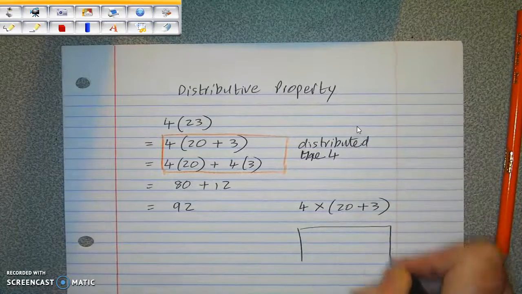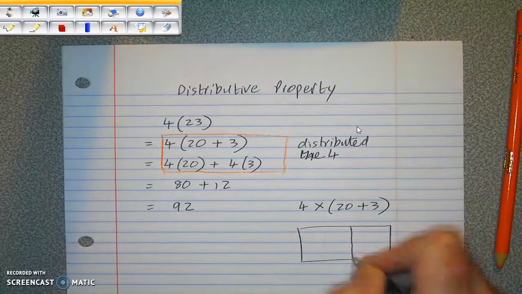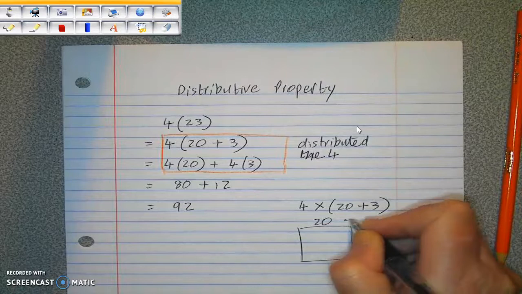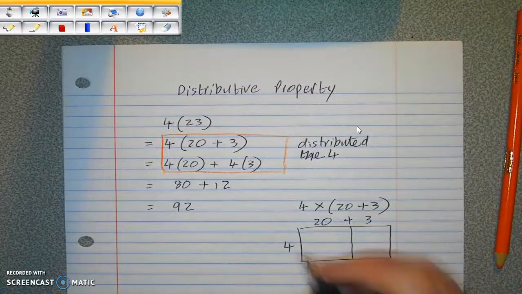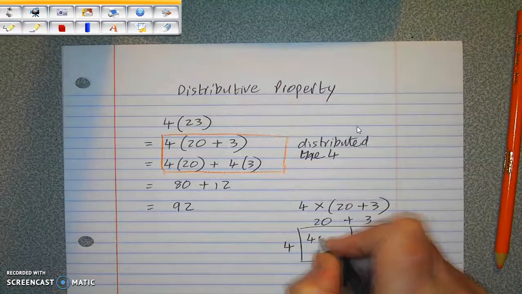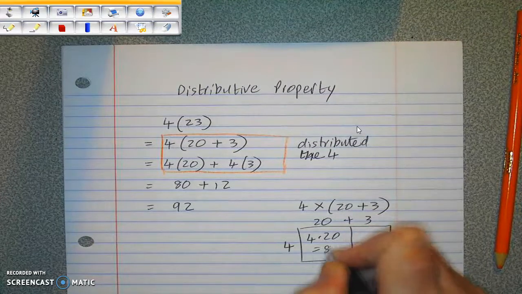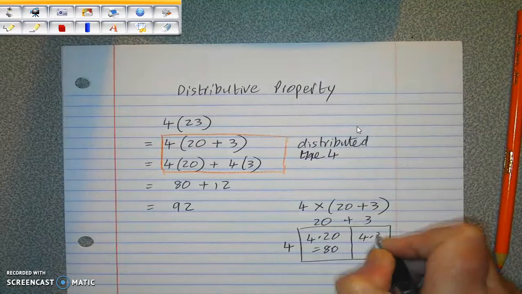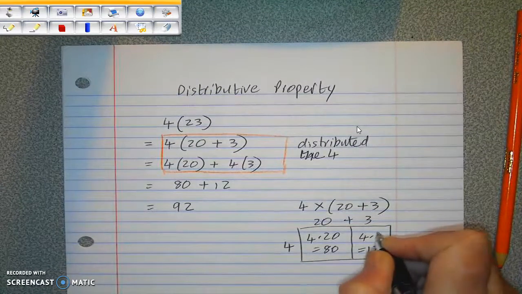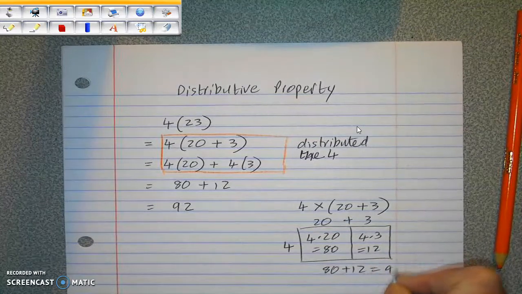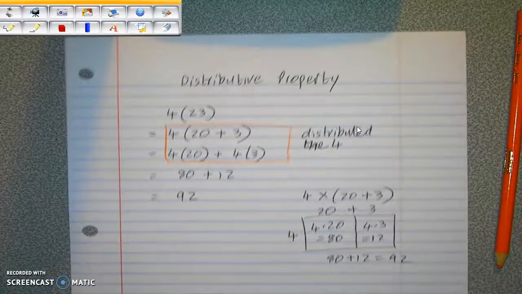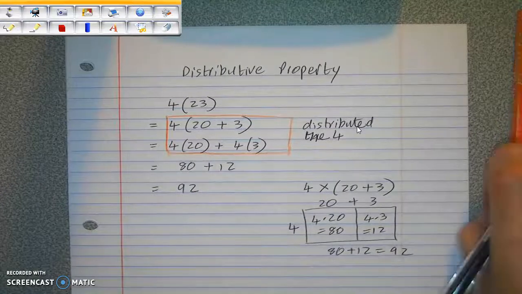So you have 20 plus 3 across the top and the 4 on the side. And inside the area model, you get 4 times 20, which is 80, and you get 4 times 3, which is 12, and then you add them together, 80 plus 12, and you get the 92. So you can think of it also as that area model.